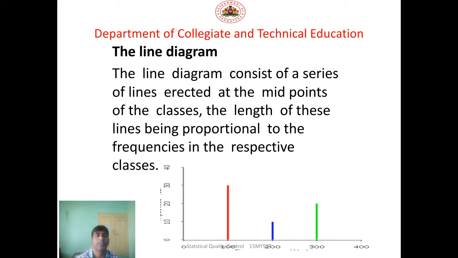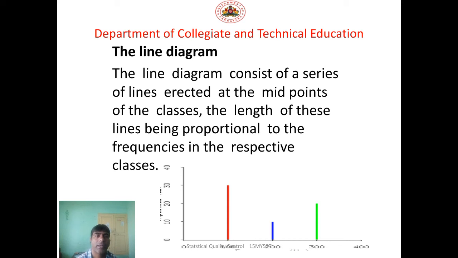Next is the third class. 300 is the midpoint, and I have drawn a straight line whose length is up to the frequency, 20. It is indicated by green color. Like this you can draw lines for different classes and indicate the complete diagram.